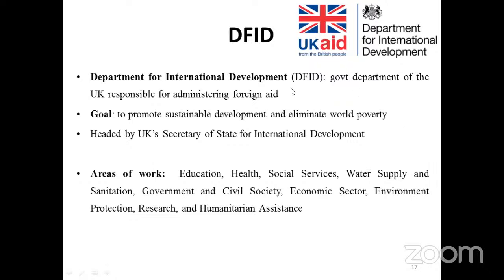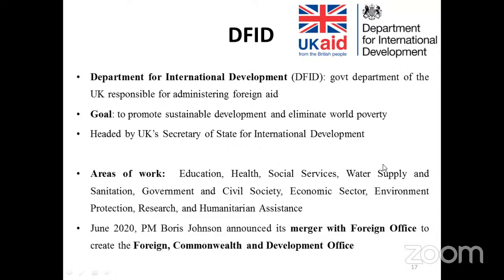This was headed by the UK Secretary of State for International Development. They had a separate secretary for that. They worked in education, health, water supply, sanitation, and all this. Moreover, they had research and environment protection, where agriculture comes into play.